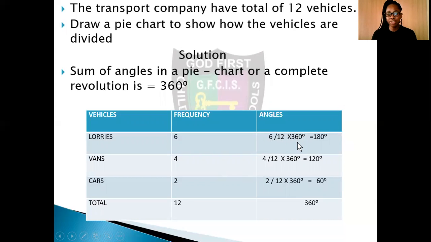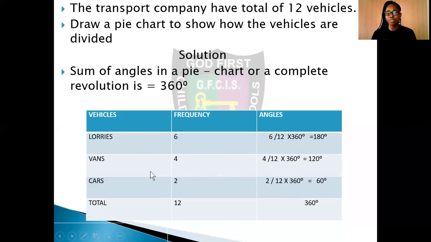And 360 divided by 12, we have 30, because 30 times 12 will give us 360. We have 30, and 30 times 6 will give us 180 degrees. So lorries will be representing an angle of 180 degrees.